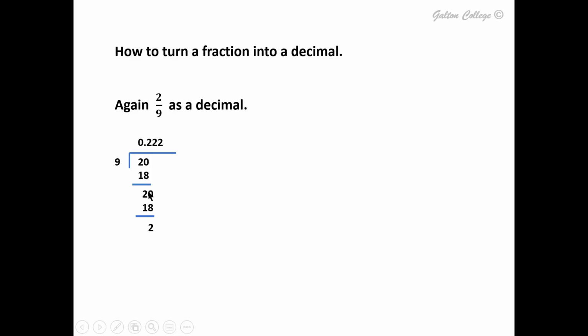Add a 0. 9 into 20 goes twice. 2 9s are 18. 18 from 20 is 2. This number is called recurring. It actually goes on forever. It's 0.22222 and so on.